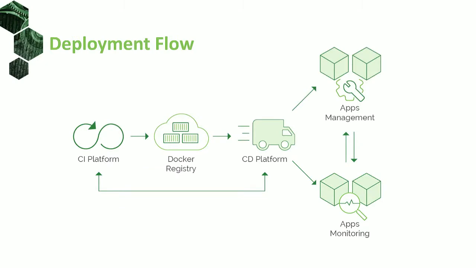We're not going to focus much on CI platforms and other components of the deployment flow, but in general, this is a simplified way of how we see the different components interacting in the whole deployment flow. You have a CI platform that triggers builds when your code changes.